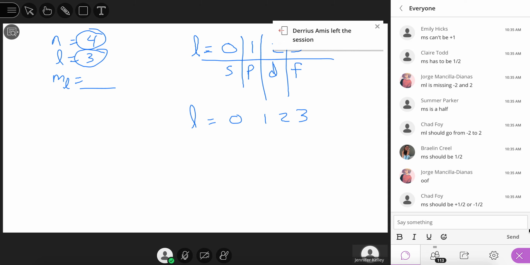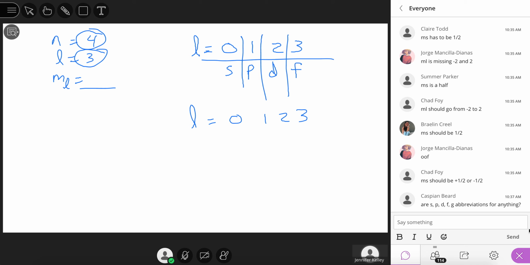I never really had a good way to remember SPDF. I just kind of knew it. They're not really abbreviations for anything that I know of. They just gave them letters instead of numbers. But there is a way that you can remember the order of the letters.